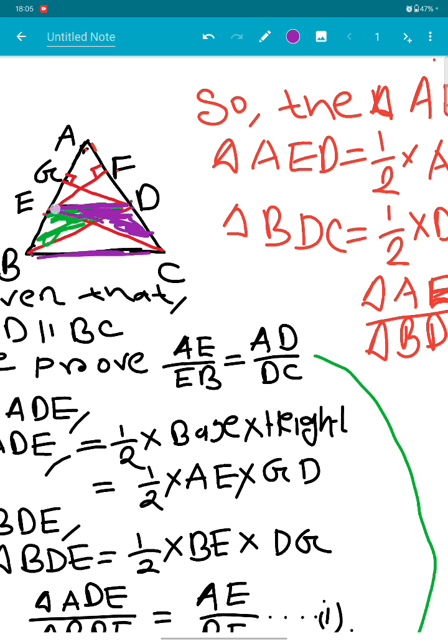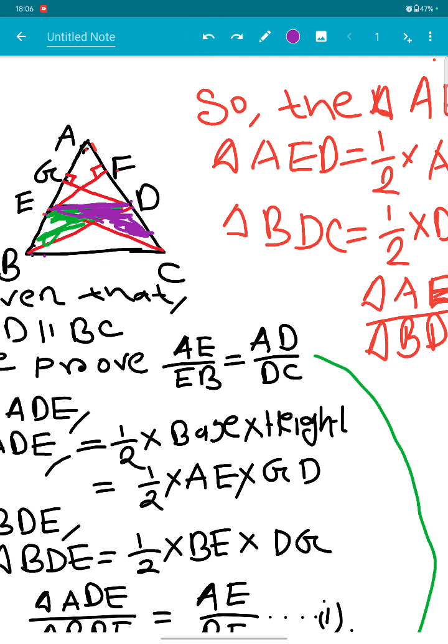ED and BC are two parallel lines. That's why the two triangles have the same area.